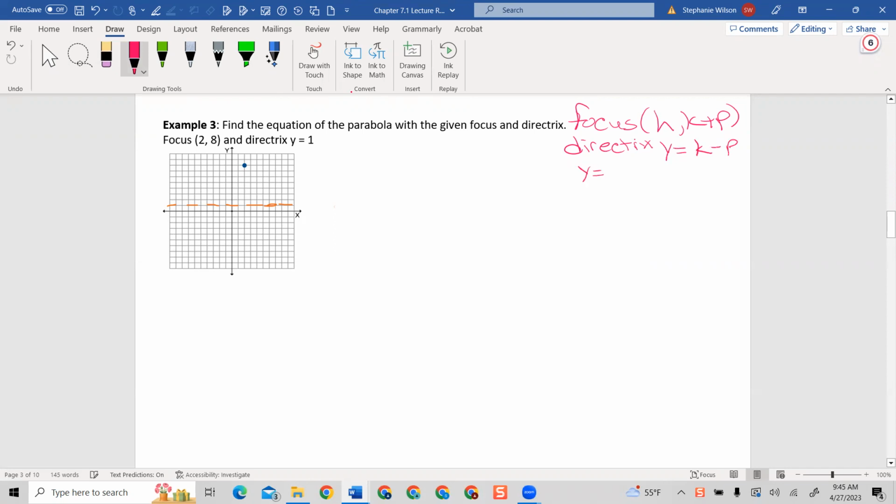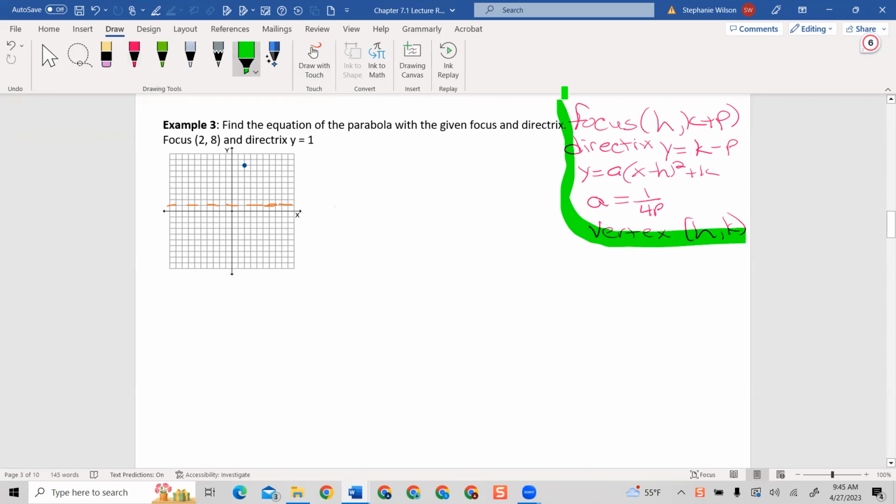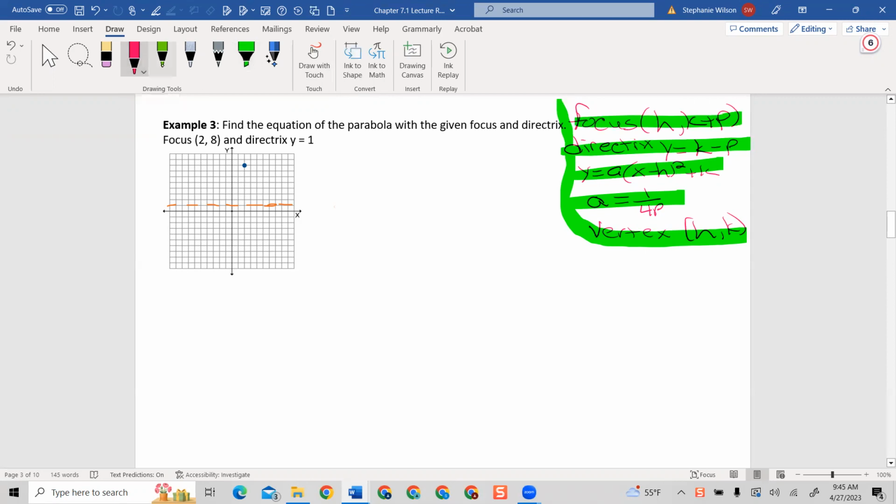Of course, we know our formula is y equals a times (x minus h) squared plus k. Let's find a. If you don't know a, the formula is 1 over 4p. And then the vertex. Well, we know the vertex is (h, k). So if you need to, I would have that on a separate sheet. These are helpful pieces of information, plus the information on how to graph a parabola as well.